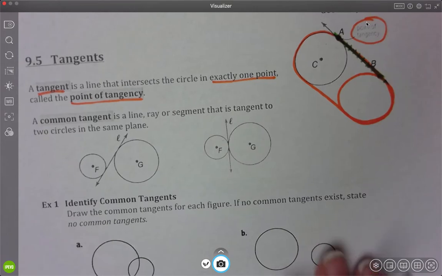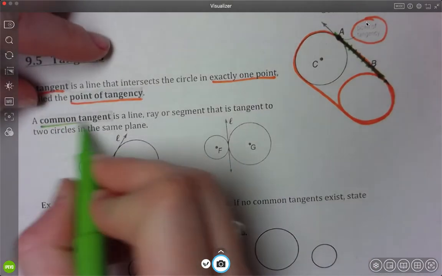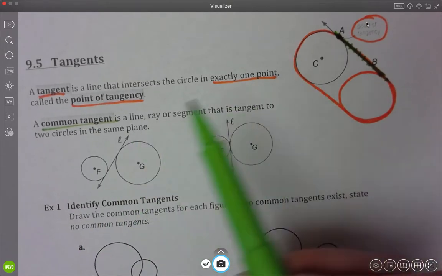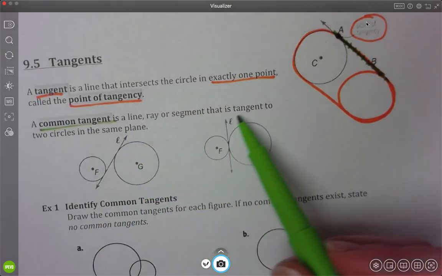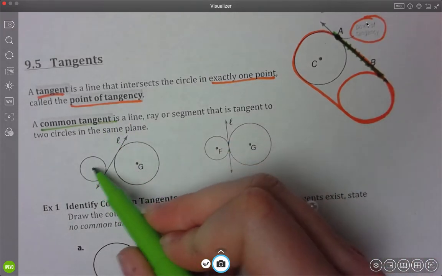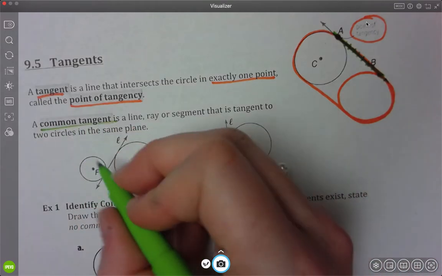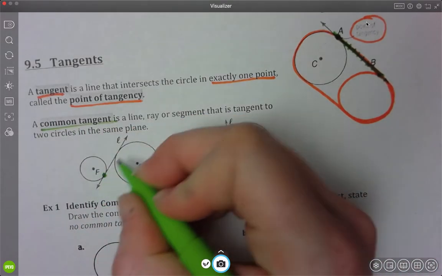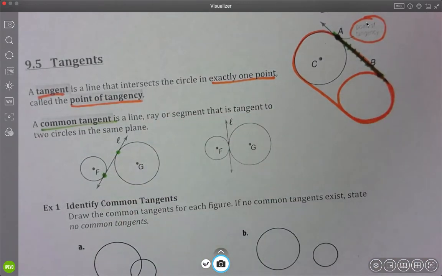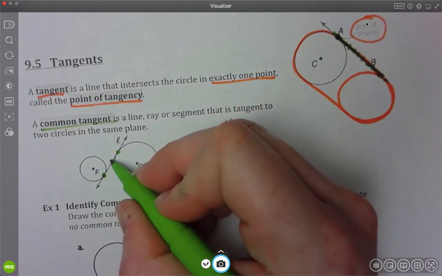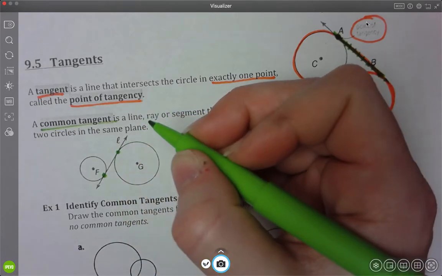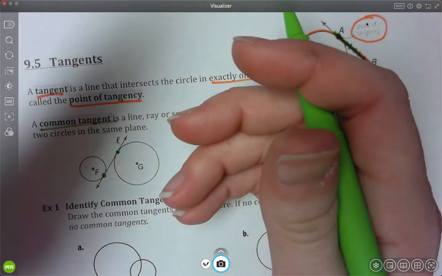So a common tangent is a line, a ray, or a segment that is tangent to two circles at the same time. I have two circles here, one larger than the other, and if I draw this line here, it touches each of those circles at only one point. It's grazing it, touching at one point, and then going off in the other direction.